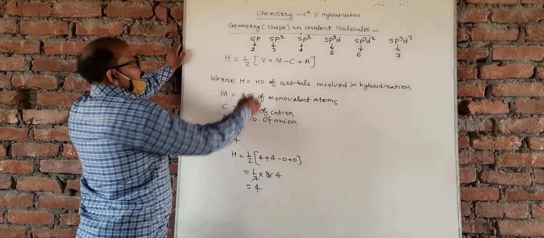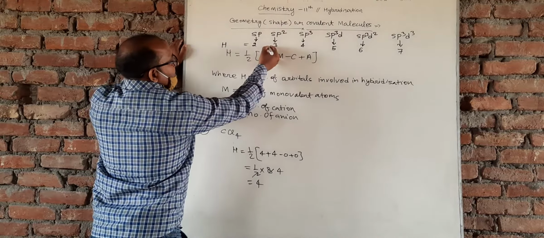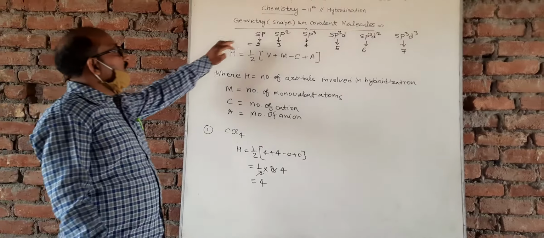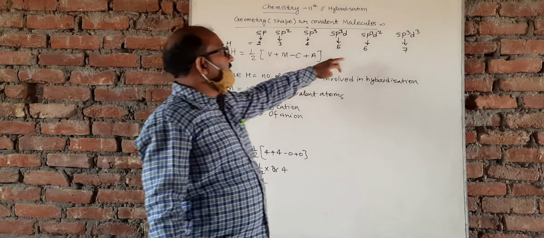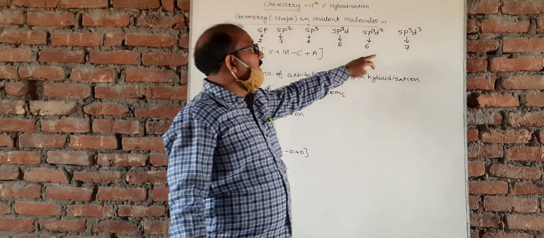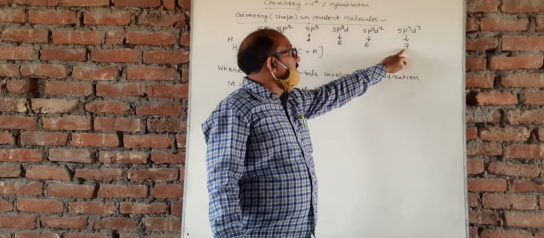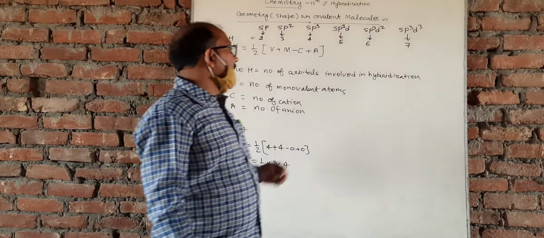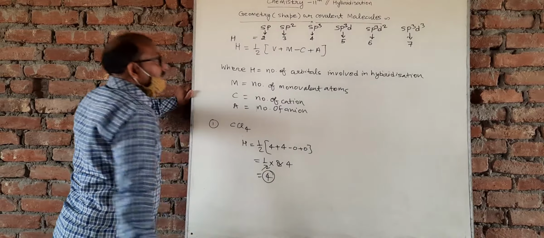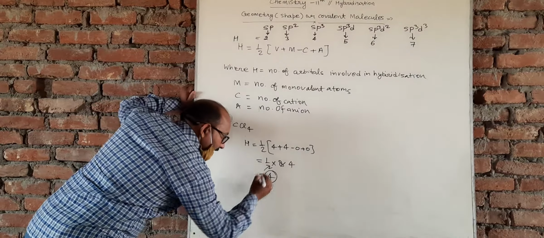So these are the values of H: 2, 3, 4, 5, 6 and 7. 2 is sp, 3 is sp2, 4 is sp3, 5 is sp3d, 6 defines sp3d2 hybridization, and 7 defines sp3d3 hybridization. So here the value of H represents sp3 hybridization.